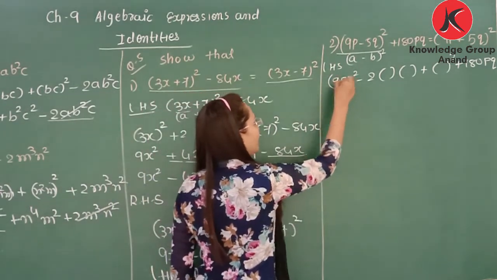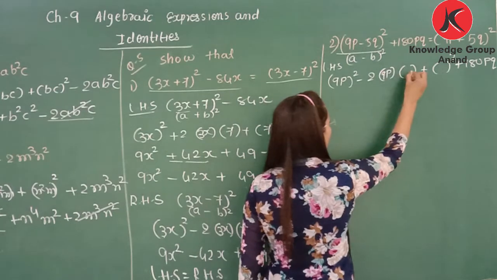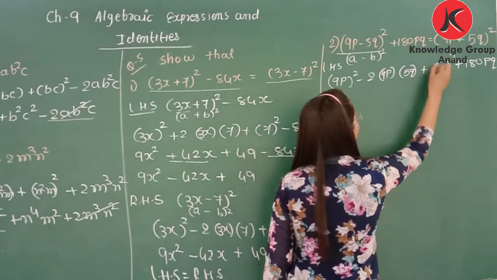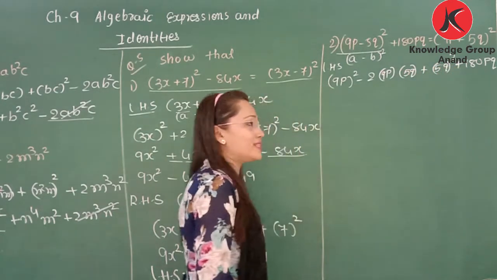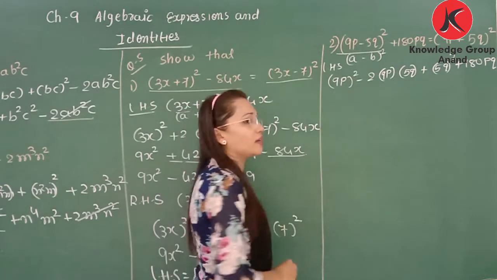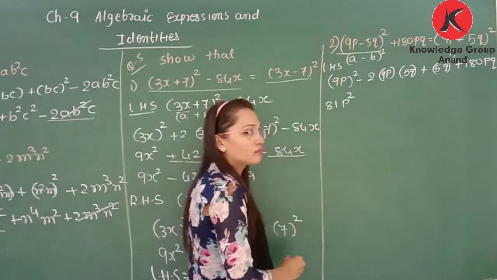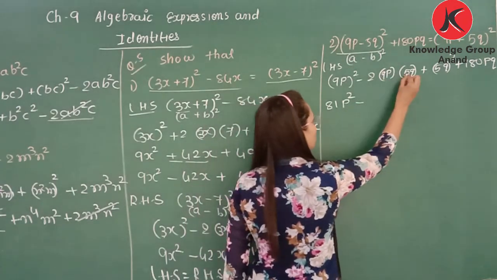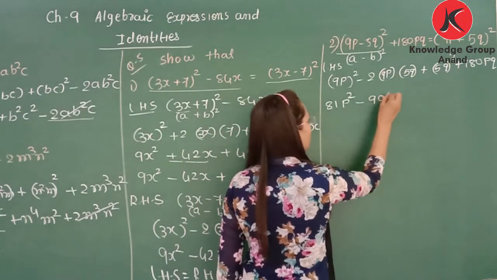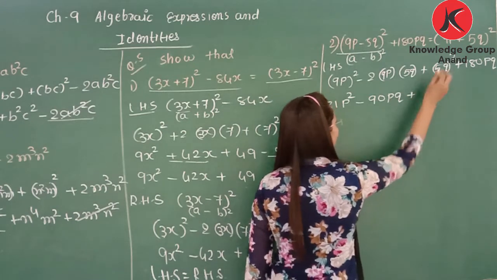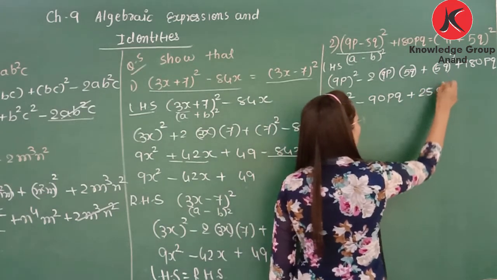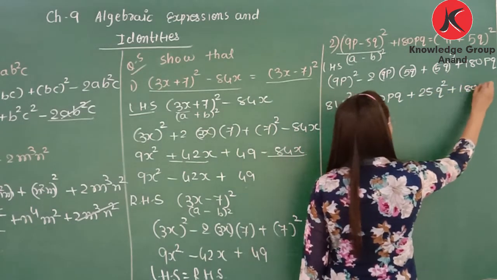So 9p, 5q, 5q. Now let's simplify 9p square, that is 9 9s are 81p square. Now 5 2s are 10, 9s are 90pq, plus 5 square, 25q square, plus 180pq.